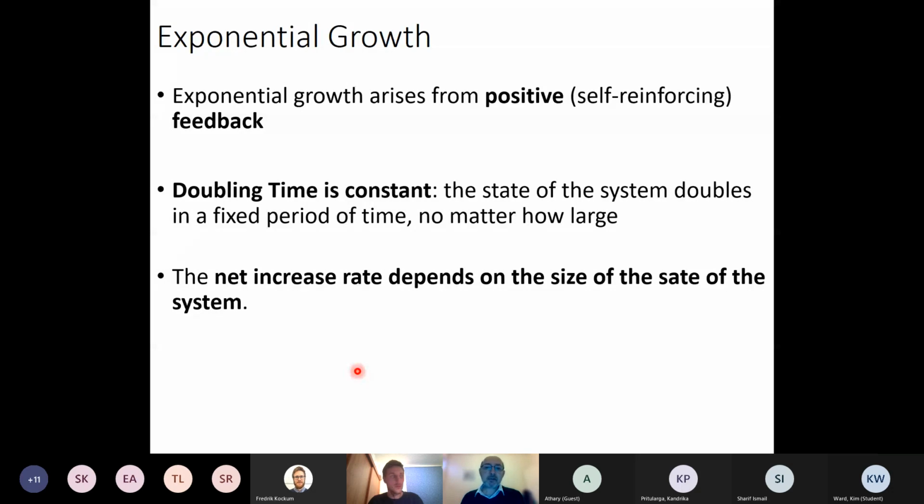This is something he captured in that model: sometimes exponential growth, when it's not constrained somehow, can have very important implications for the rest of the system. So the net increase rate depends on the size of the state of the system.